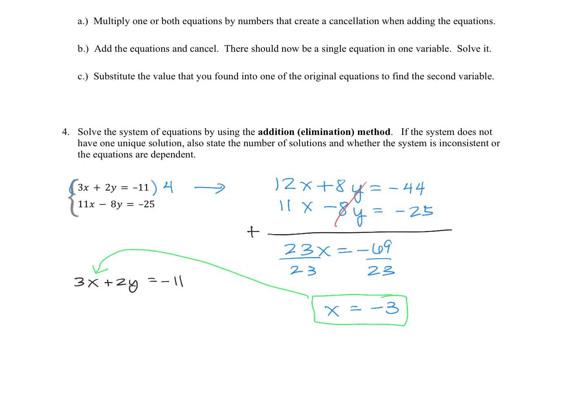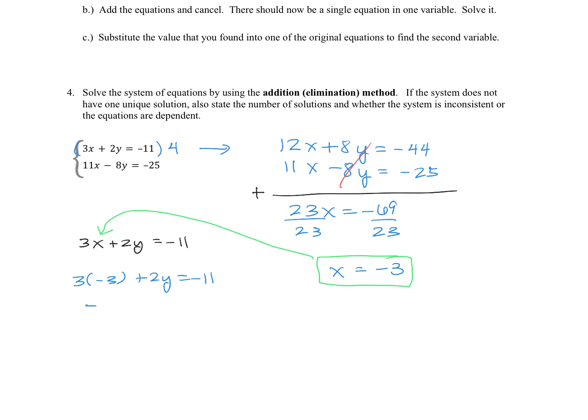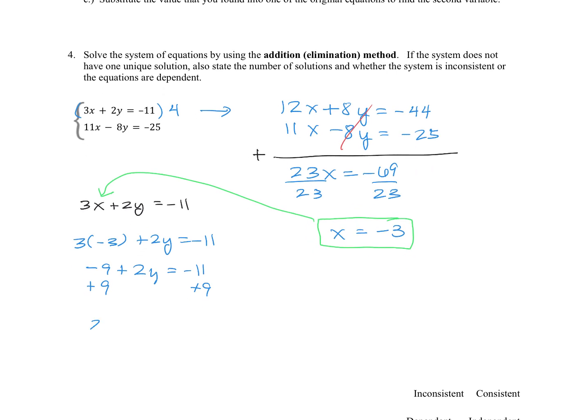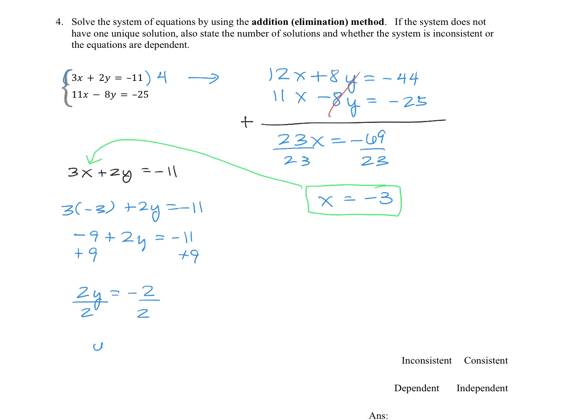So I've got 3 times negative 3 plus 2y equals negative 11. That's just negative 9 plus 2y equals negative 11. And then if I add 9 to both sides, I get 2y equals negative 2. Dividing by 2, I get y equals negative 1.